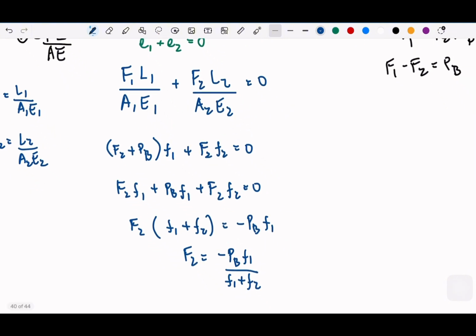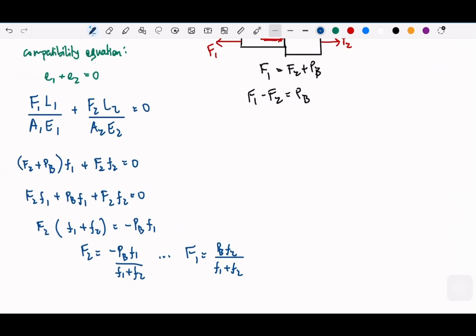With the same method, we get F1 would be PB f2 over f1 plus f2. Okay. Now from this F, we can get the stress.